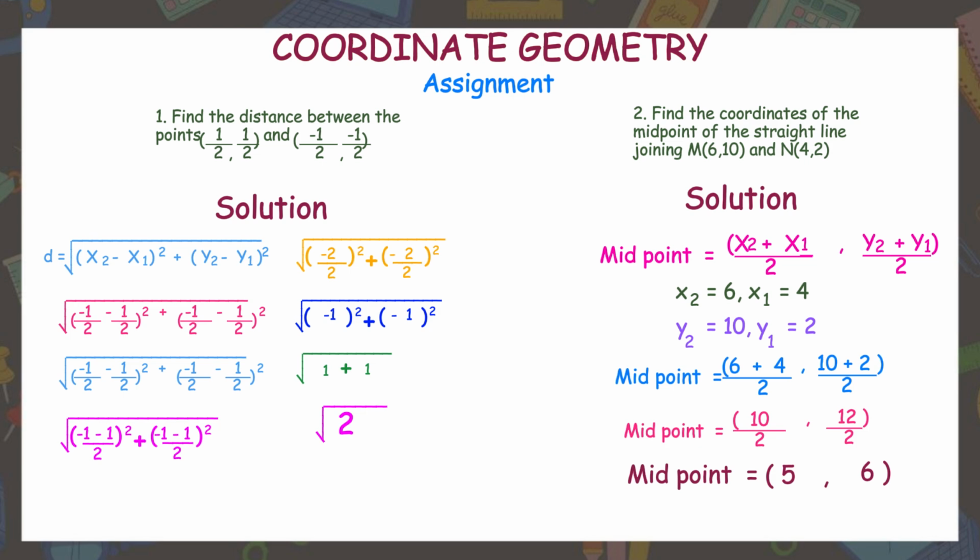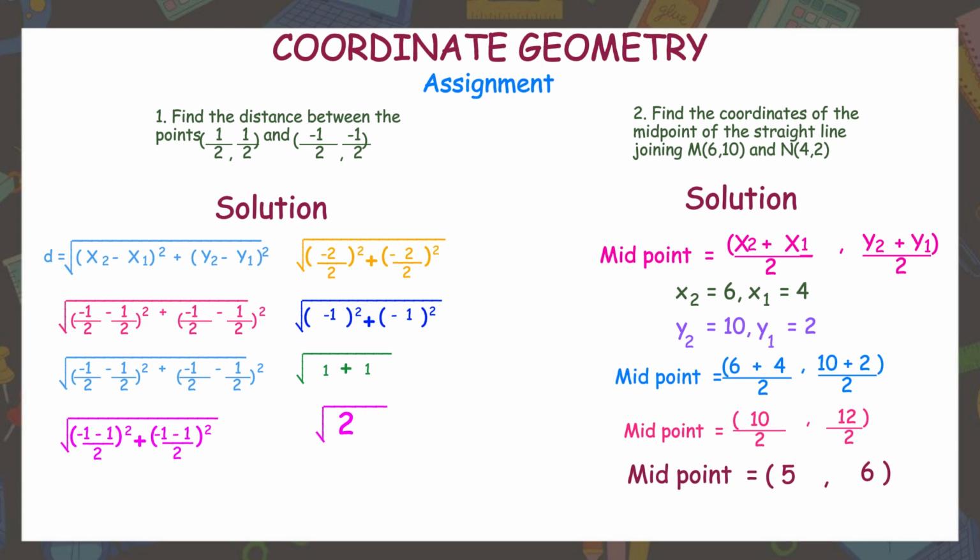is equal to, open bracket, that is x2 plus x1 over 2, then we have y2 plus y1 over 2.